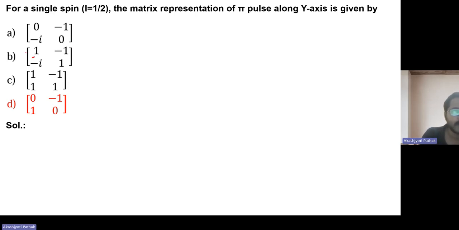The second matrix is 1, minus 1, minus i, 1. The third option is 1, minus 1, 1, 1. And the fourth option is 0, minus 1, 1, 0. I will allow some minutes for you to think and try to solve this question before explaining.